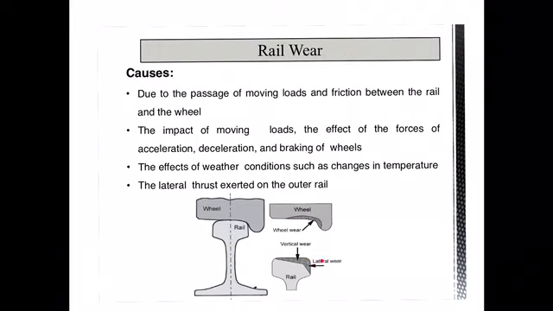That occurs because more lateral force is exerted on the outer rail because of the centrifugal force that is developed. Here a lot of metal of the rail gets worn out, causing loss of metal in the rail section due to the several reasons that we have mentioned.